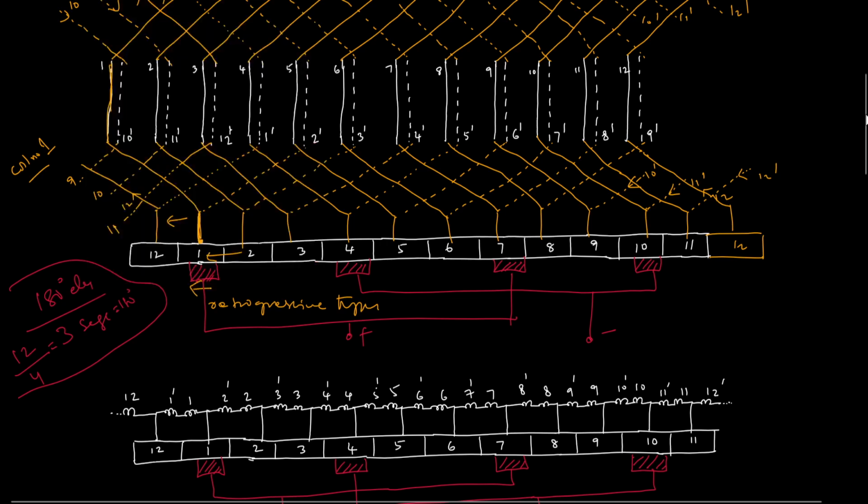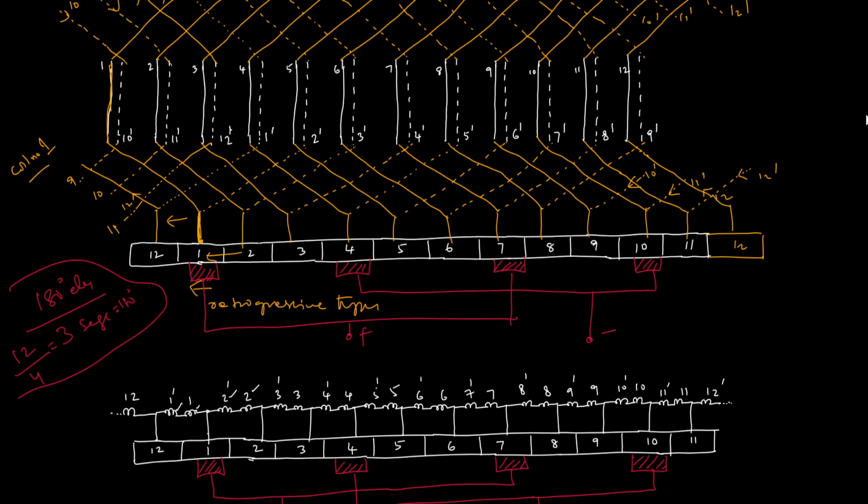Between segments 1 and 12, coil 1 and 1 dash is connected like this. Similarly, between segments 2 and 1, coil 2 and 2 dash are connected.